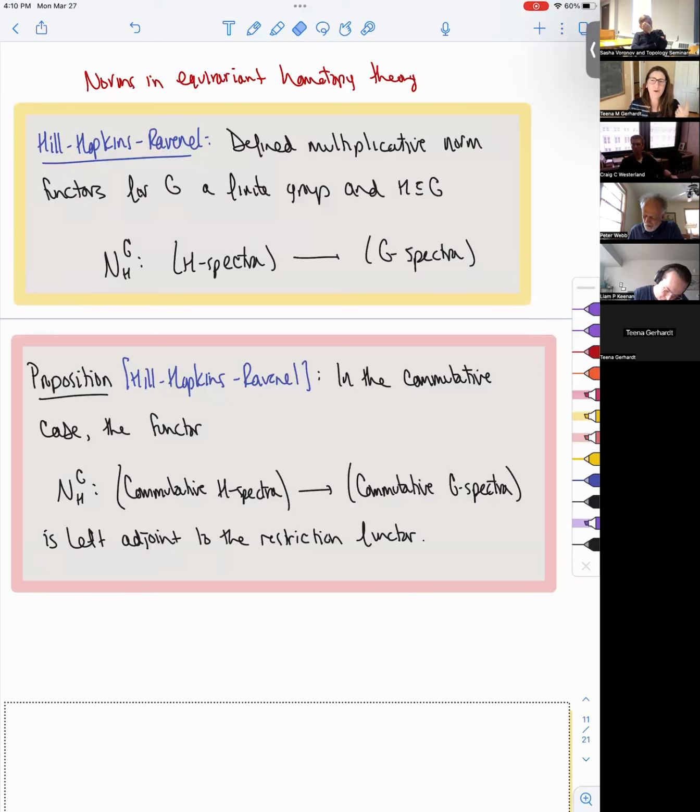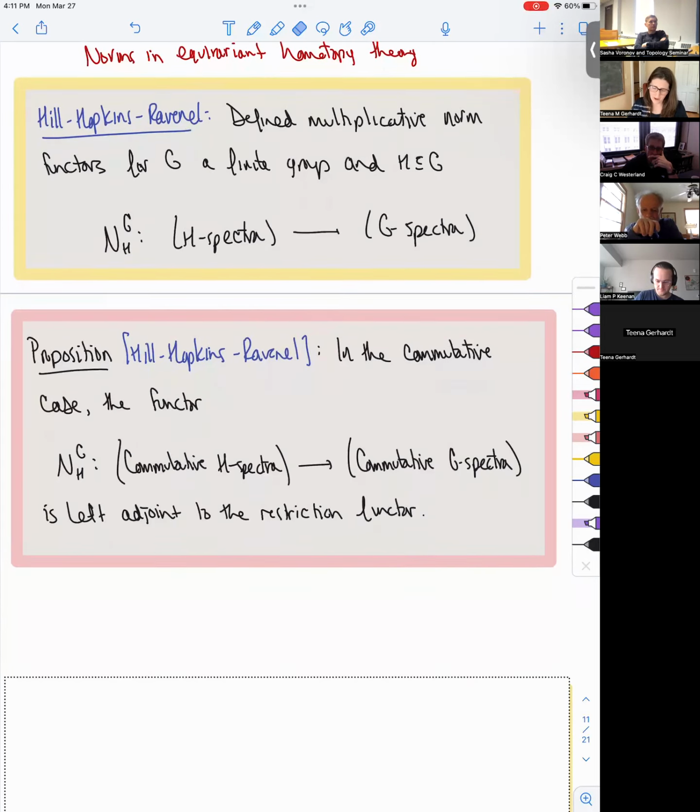One thing we know about norms is that in the commutative case, so if you're only interested in commutative H spectra and commutative G spectra, it's left adjoint to the restriction functor, the functor where I just think of my G spectrum as an H spectrum for the smaller subgroup H instead. So if we want to check if something is a norm, one reality check is, in the commutative case, is it left adjoint to restriction? That's true for the Hill-Hopkins-Ravenel norm.